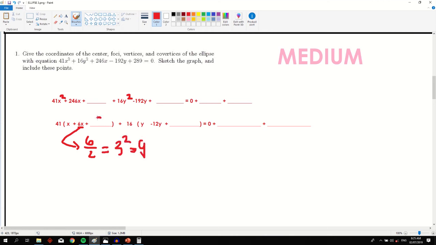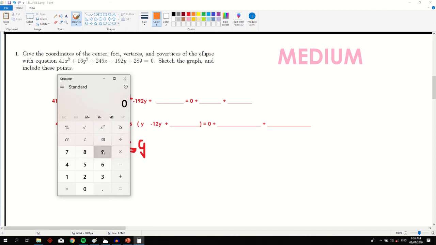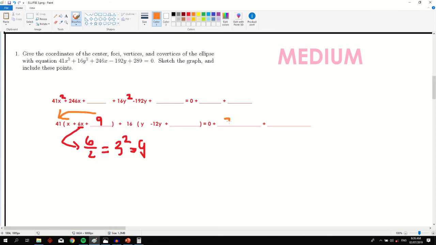So here should be 9, then times 41 before we put it here. So 9 times 41, we use the calculator. 9 times 41 is equal to 369. Okay, we have here 369.